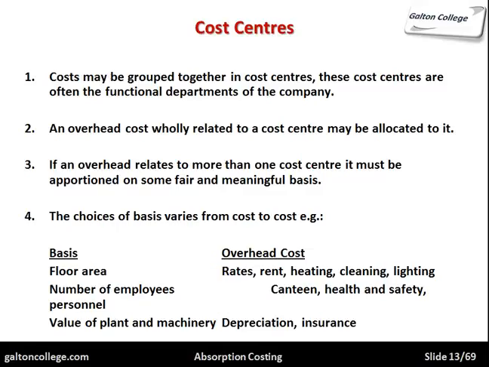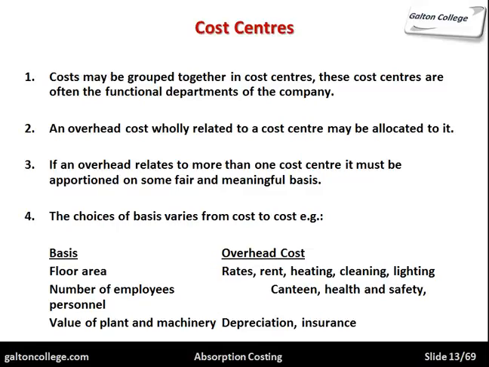So floor area would be perhaps a good basis for apportionment. Look at the various departments and look at the bills for the rates, the rent, the heating, the cleaning and the lighting. Add those together and then apportion it according to the size of each department, the floor area for each department.